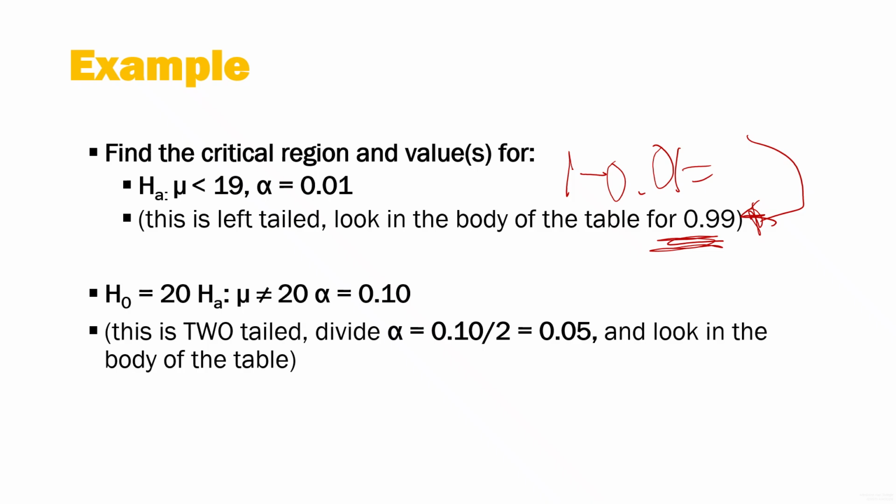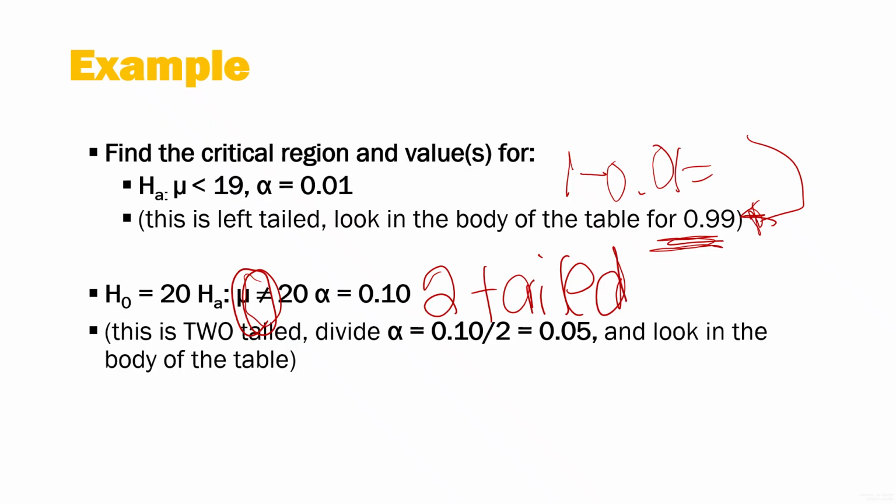Now this one down here is a two-tailed test. So find the critical region and values for H0 is equal to 20, and then our HA is not equal to 20. When you see that not equal sign, you know that that means it's going to be two-tailed, because we have to look on both sides.